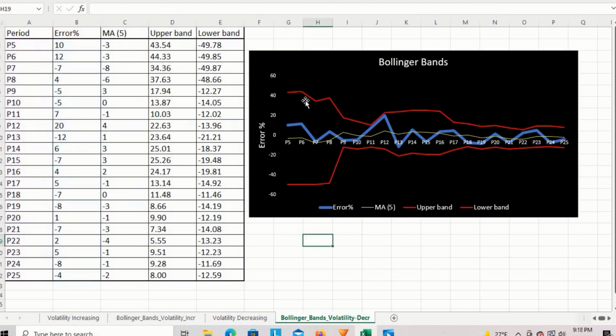So if you notice in this graph, in the first few periods the volatility was too high, the gap between upper and lower band is too high, and over a period of time it is going down. Okay, so this shows that forecast error volatility is going down, and that's a good thing.